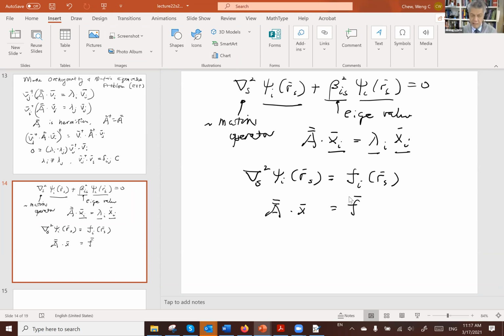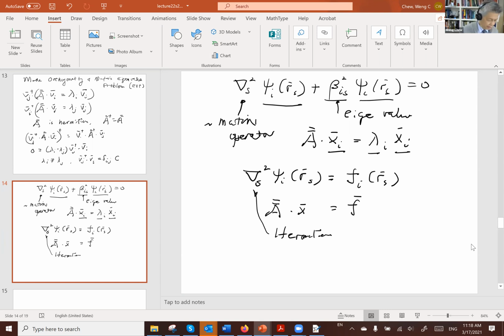So the two-dimensional Laplacian operator is analogous to a matrix operator, and you can prove that this is Hermitian. Because it is Hermitian, you can prove that the eigenvalues that it has, which are these things here, would make all the functions orthogonal to each other.